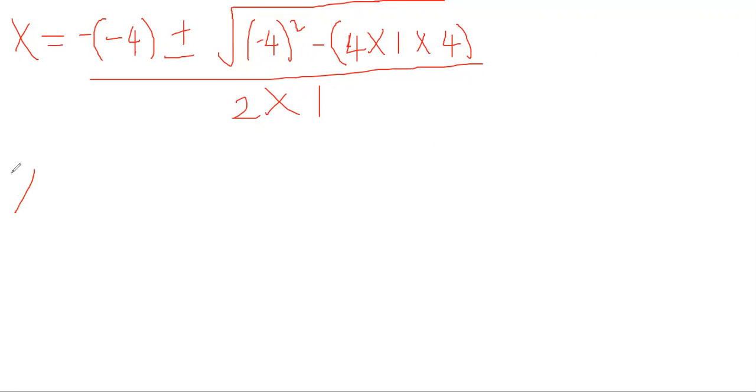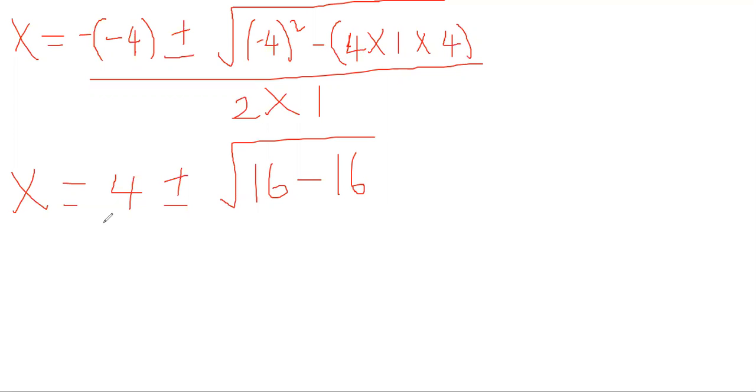So we will have x equals to 4, because minus minus will give you positive 4, plus or minus. This times this will give you 16, minus 4 times 1 times 4, that is 4 times 4, 16. With this minus, it will give you minus 16, all over 2.